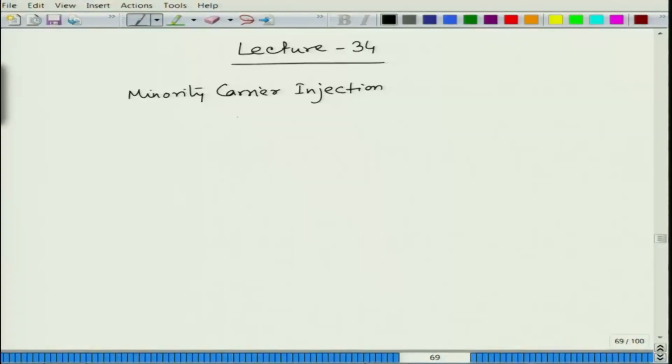For the N side, you have an increase in the concentration of holes at the space charge region edge, and we have designated that location to be x n.